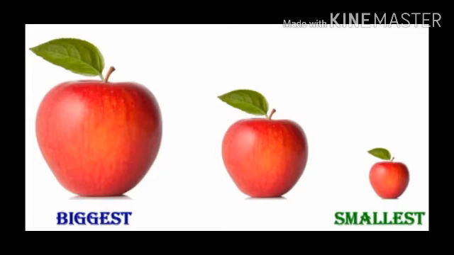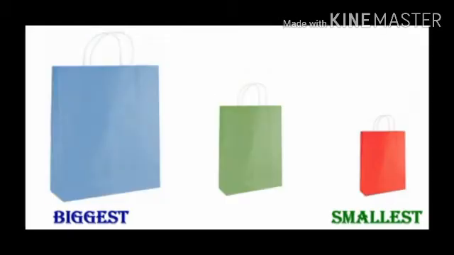The first apple is the biggest apple amongst all the apples, and the last apple is the smallest apple amongst all the apples. The blue color bag is the biggest bag amongst all the bags, and the red color bag is the smallest bag amongst all the bags here, isn't it?